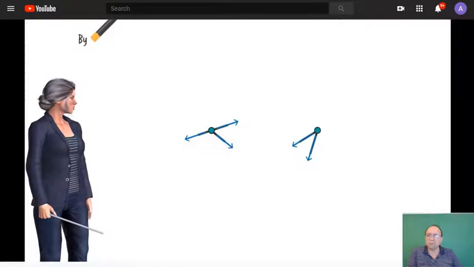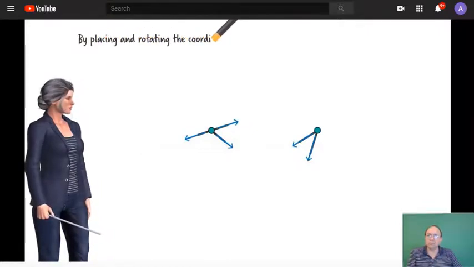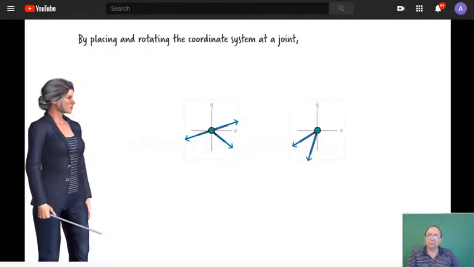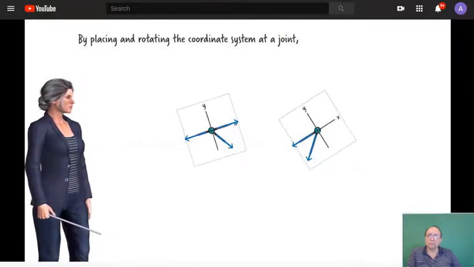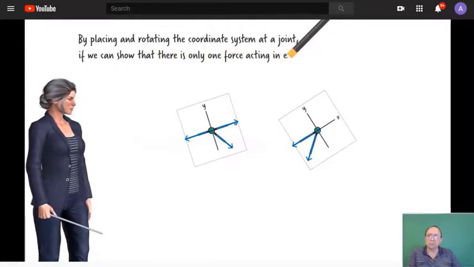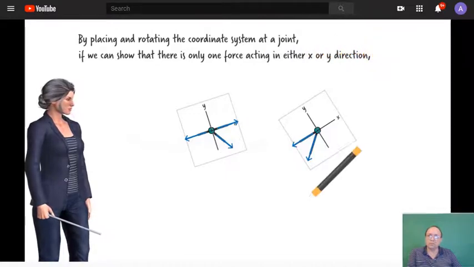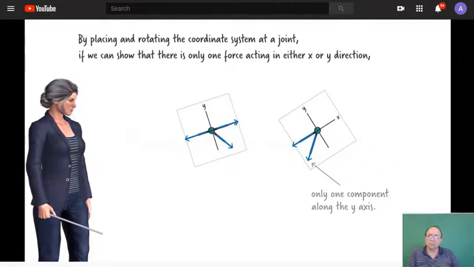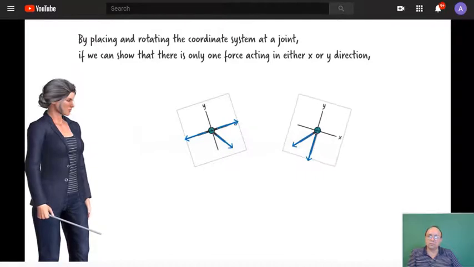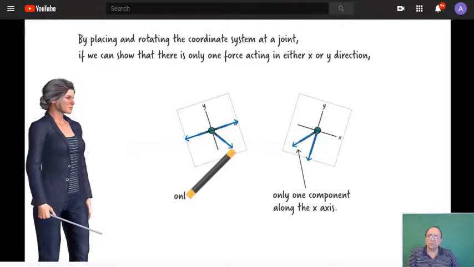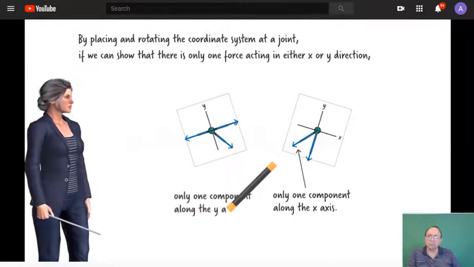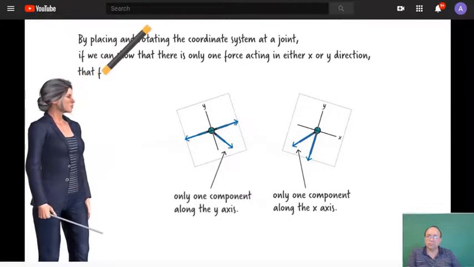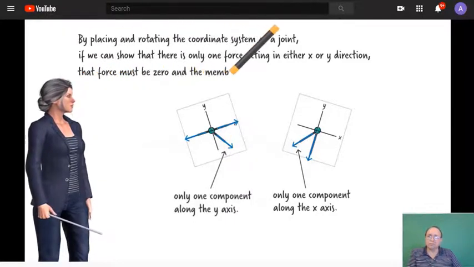By placing and rotating the coordinate system at a joint, if we can show that there is only one force acting in either x or y direction, that force must be zero, and the member associated with it a zero-force member.